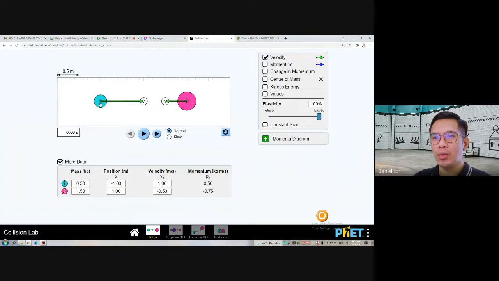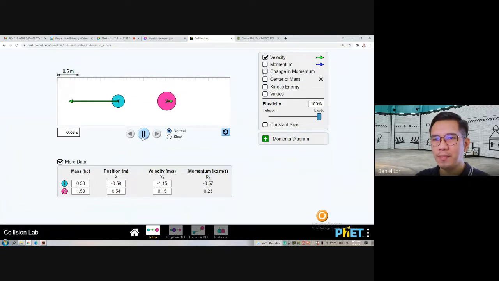So we position the two balls wherein their distance is 0.5. We position ball 1 at 0 and ball 2 at 0.5. So their distance now between each ball is 0.5.